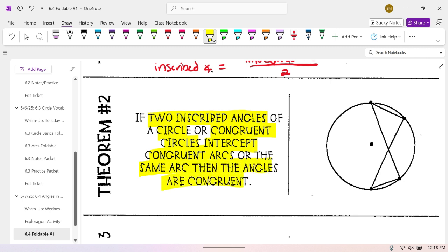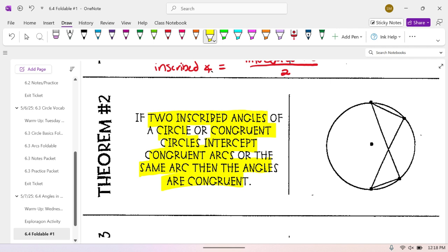That was a mouthful, but let me explain how it works. If you have two inscribed angles that either intercept the same arc or are connected by the same vertex for the most part, then those are congruent.